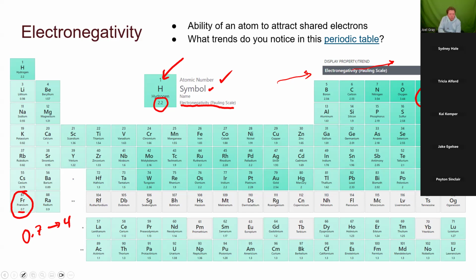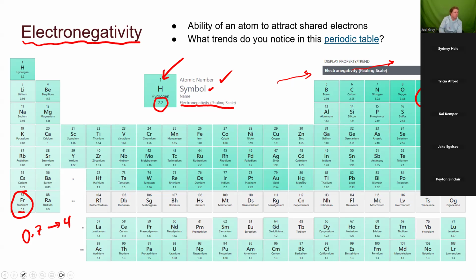Now, with that in mind, what does this number mean? This number represents something known as electronegativity. Electronegativity is measured on a scale from 0.7 to 4.